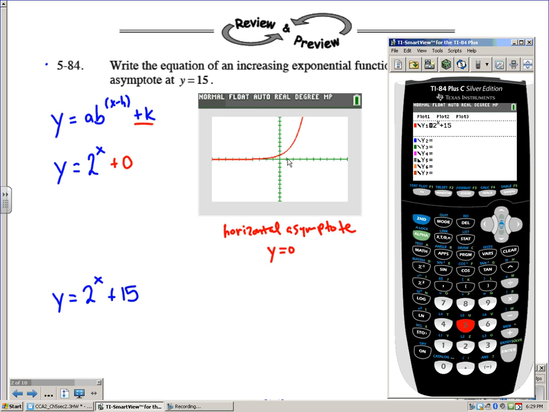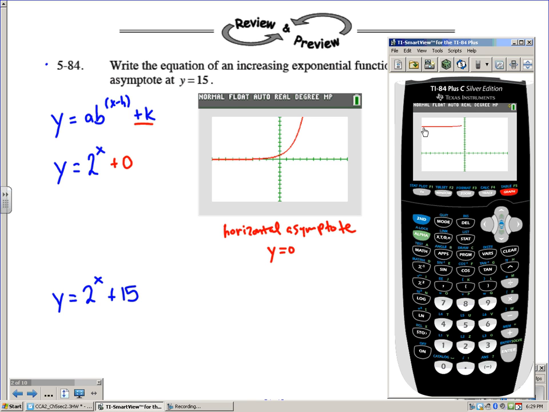Now we know that our scale here goes from -10 to +10 on the y-axis. So let's adjust our window here. Let's move our y maximum up to, let's say, 20. That way 15 will fit in there. So let's hit graph.